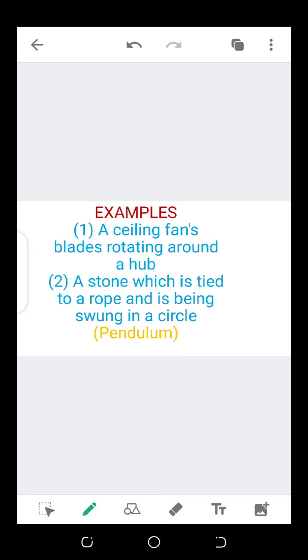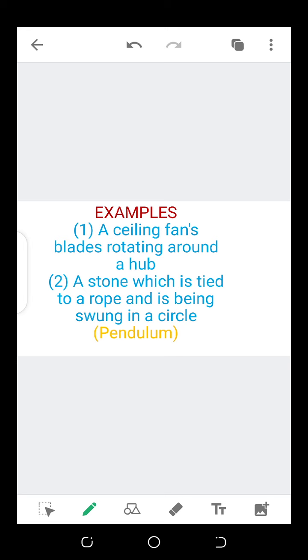I think you performed experiments on the pendulum, where you tie a stone, or a small metallic object, and swing it, counting those movements as cycles, one complete cycle. You realize that the pendulum or stone traces a path that is circular.